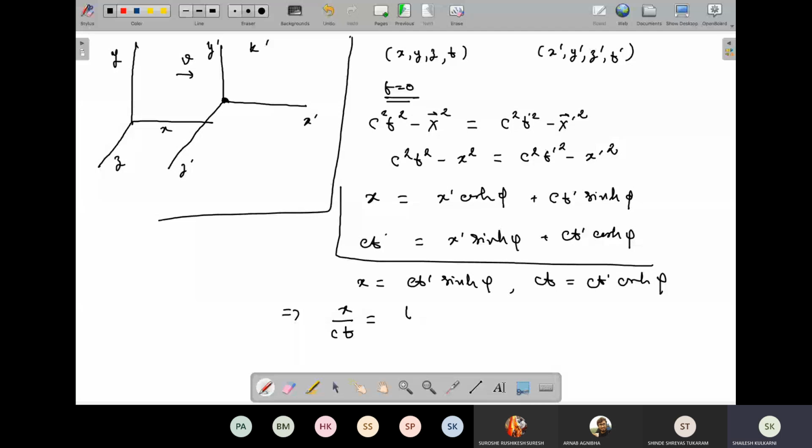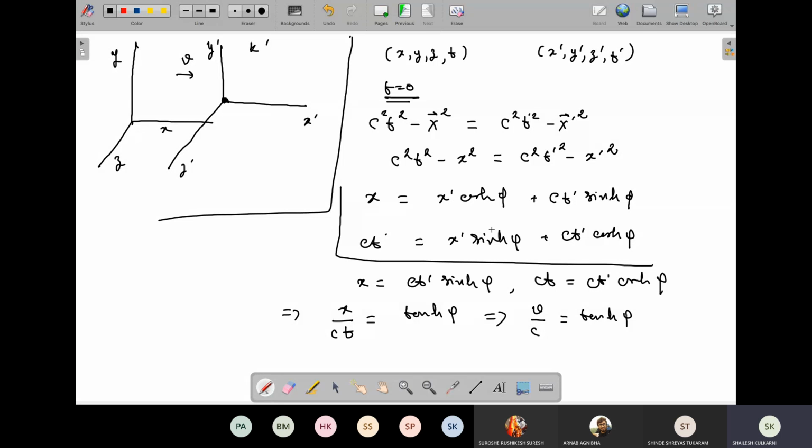It implies that x by t is nothing but the velocity of this origin, the relative velocity V. So V by c equals tan hyperbolic phi. So phi is essentially tan hyperbolic inverse of V by c, but V by c is beta. Anyway, I am not writing this in the form of beta.